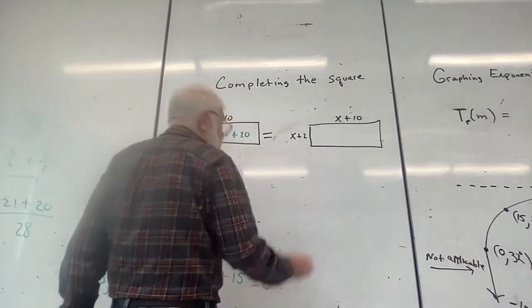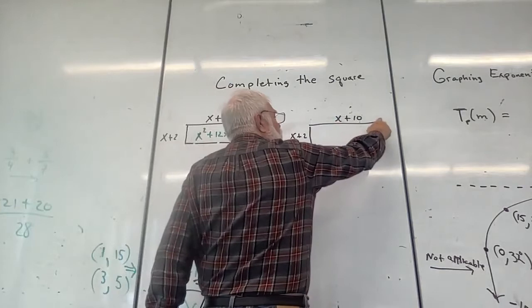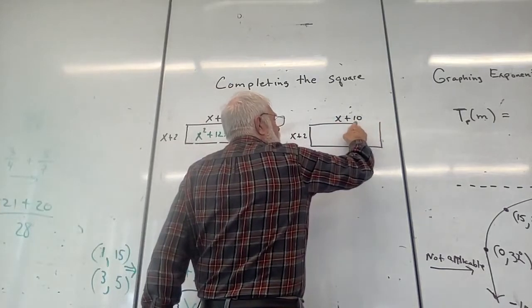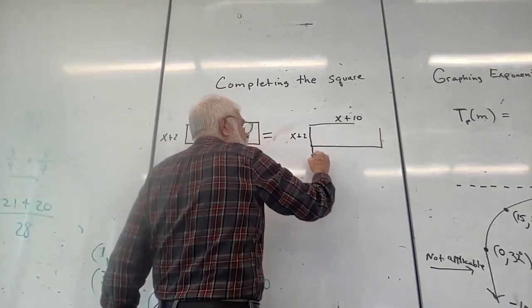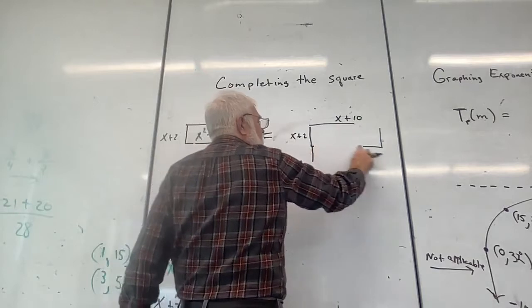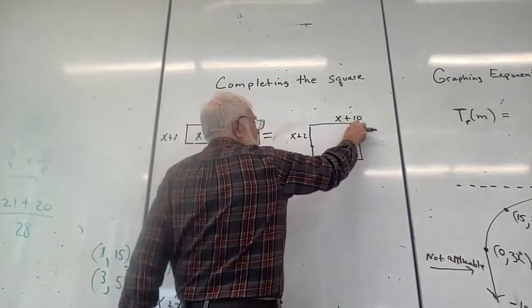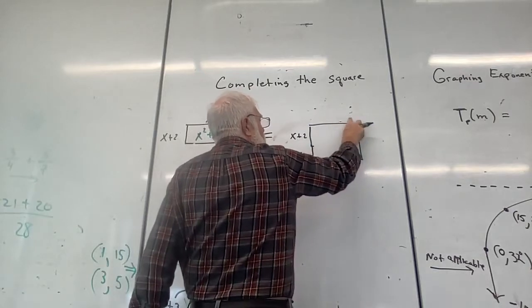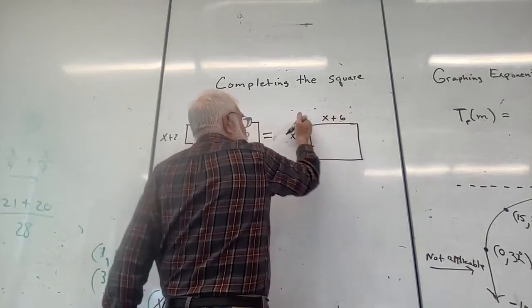What mathematicians came up with is they redrew this area. They made the longer side smaller, and then they tacked on that length to the shorter side, and you got yourself a very new looking picture, except that's not x plus 10 anymore. We want to take off 4 here and add 4 here, so it becomes x plus 6 and x plus 6.